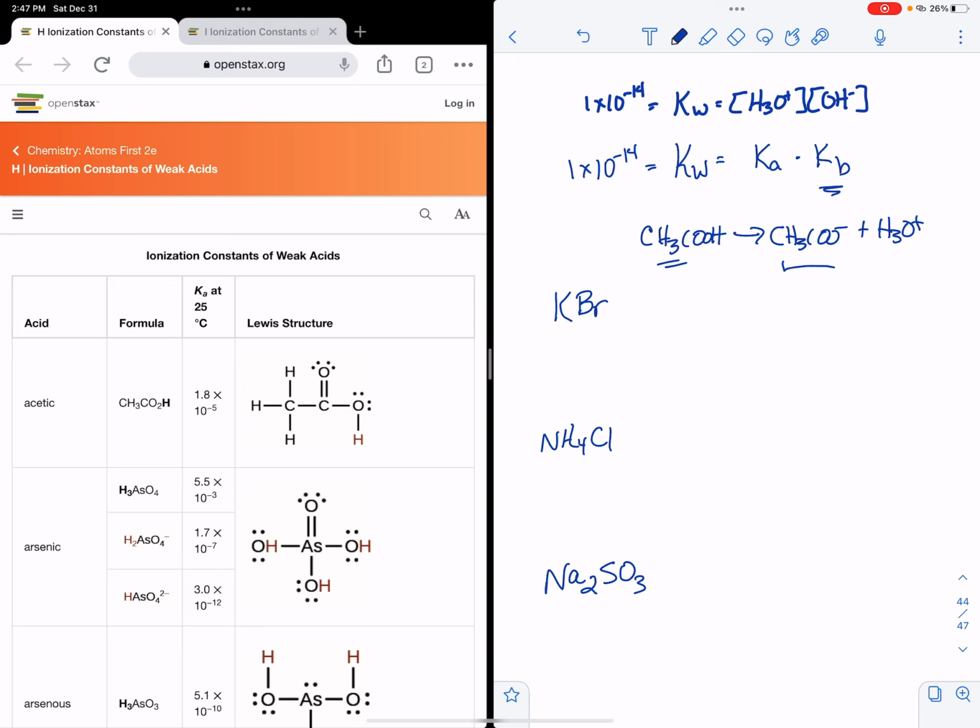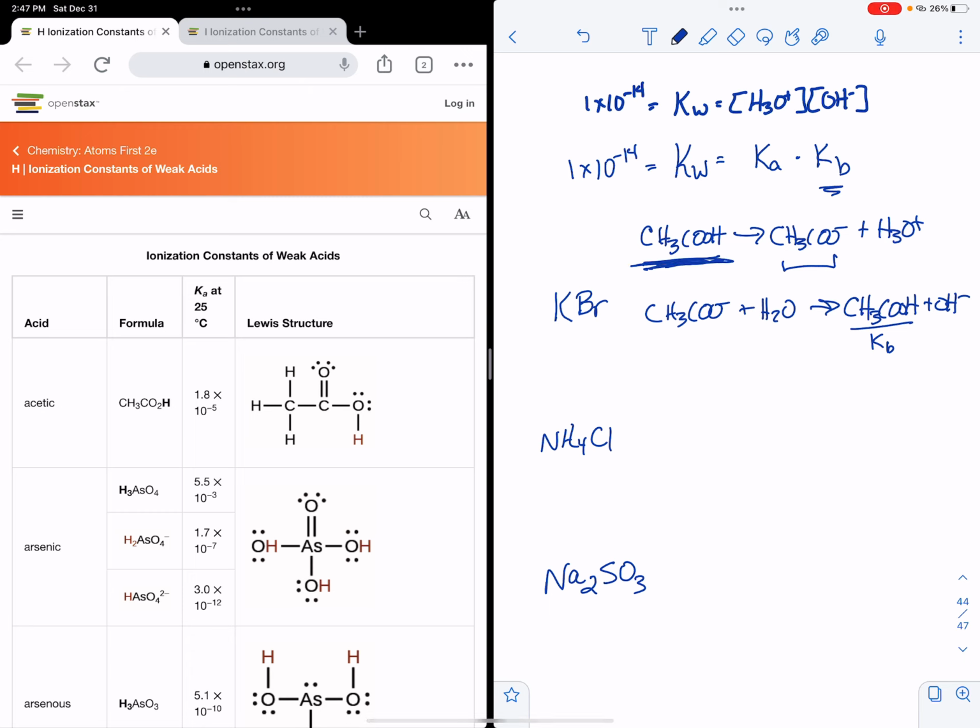Well, you take this portion, CH3COO minus, you add water to it, and it will take an H and it will make OH minus. That's how you write this as a Kb reaction, a Kb expression.